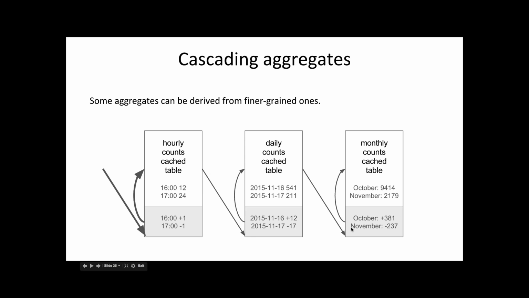And you might think, well, then isn't the daily table behind? Well, yes, but actually in the daily view, you can include both the cache table, the daily queue, and also the hourly queue to include all the recent changes that have not been flushed into the daily queue yet.